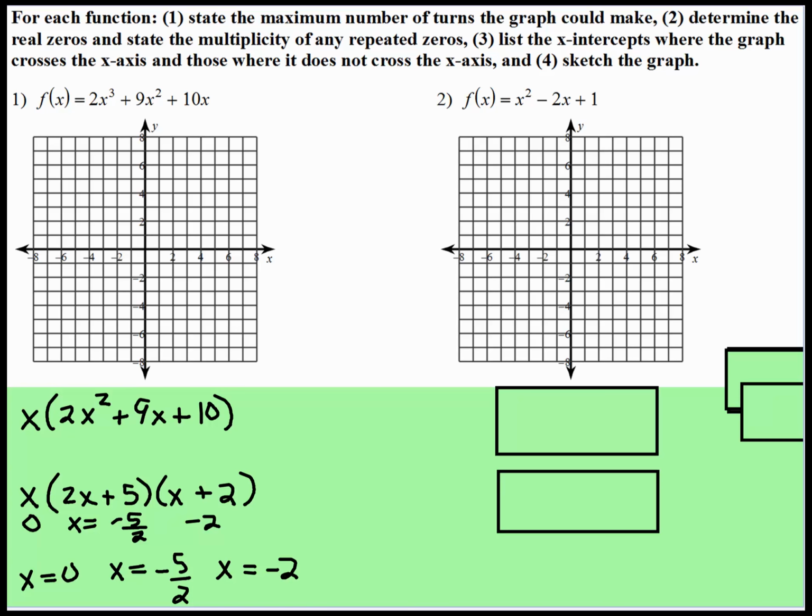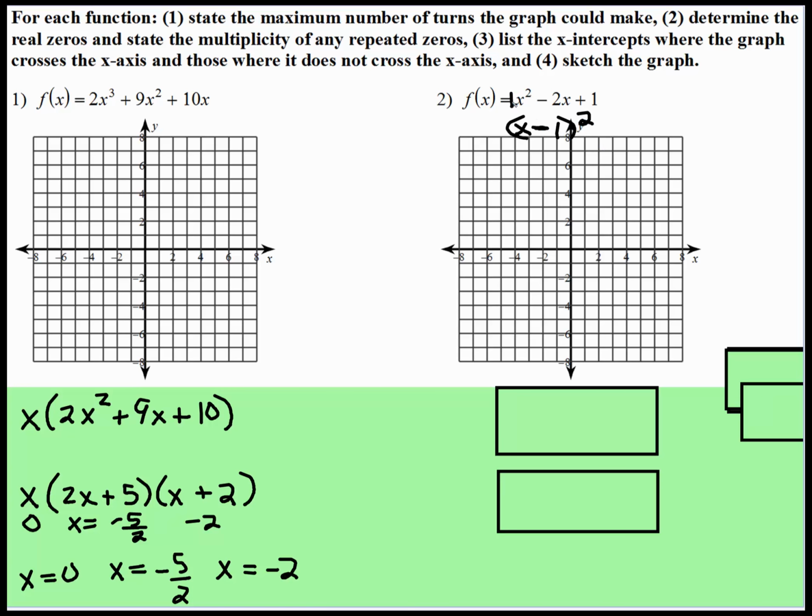All right. On this second one, right here, x squared minus 2x plus 1, hopefully you will recognize that that is a perfect square binomial. This is a perfect square. This is a perfect square. And that's a subtract sign. So you take the square root of each of those things. Square root of the first, square root of the second, and you square that.